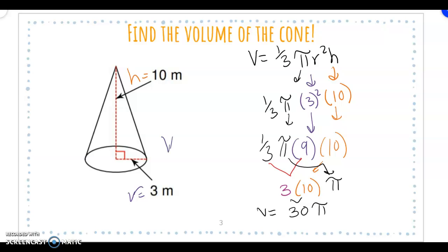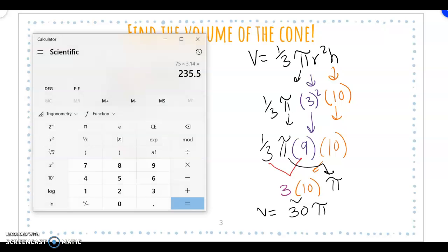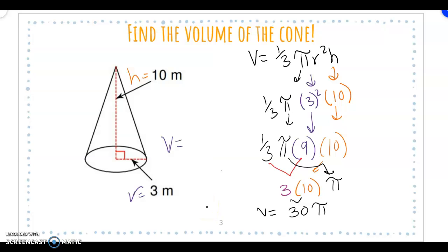So volume equals, let's see, take out your calculator, 30 times 3.14, 94.2 meters cubed. Wow, pretty crazy.